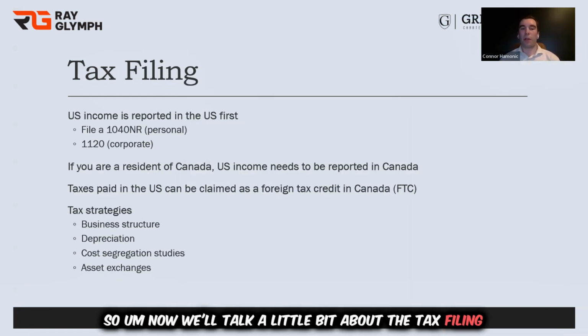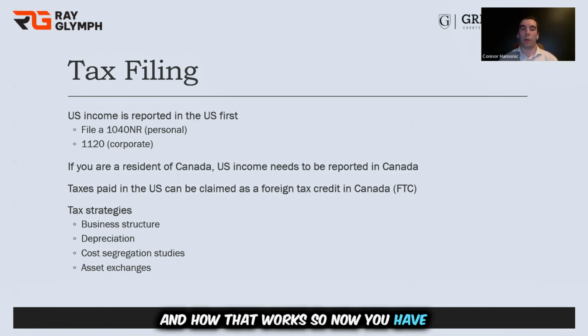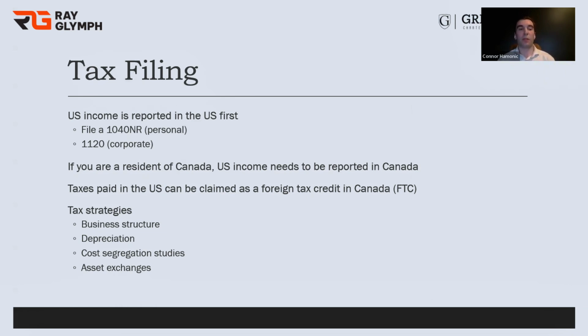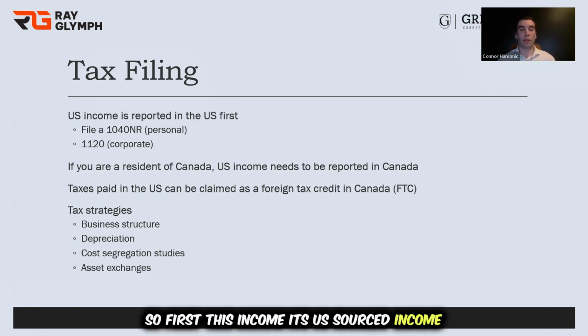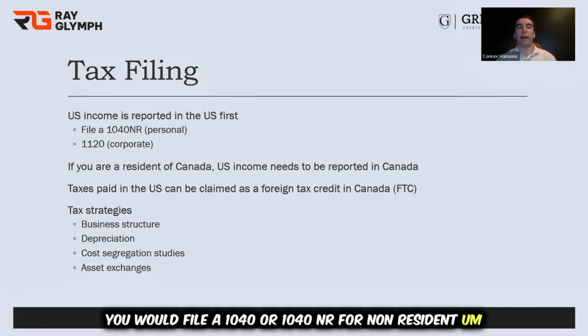So now we'll talk a little bit about the tax filing and how that works. Let's assume you've gone with an LLC in the US, you have your rental property, and you have income coming in. How do we treat this? First, this income is US sourced income, so it will be reported and taxed in the US first. You would file a 1040 or a 1040-NR for a non-resident.